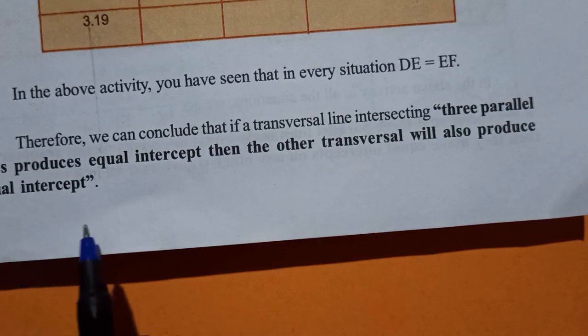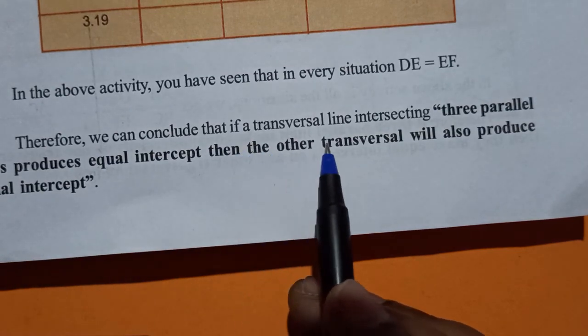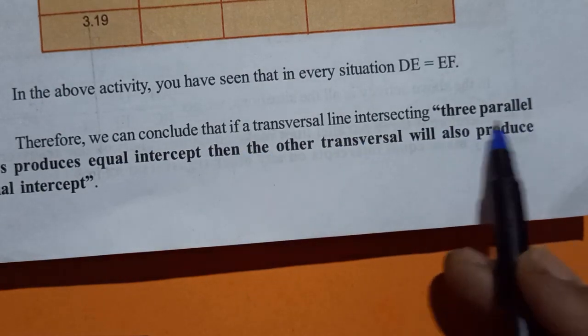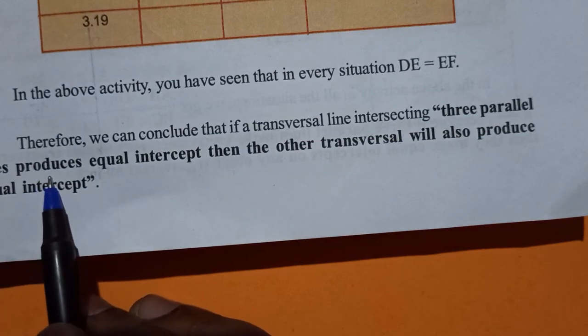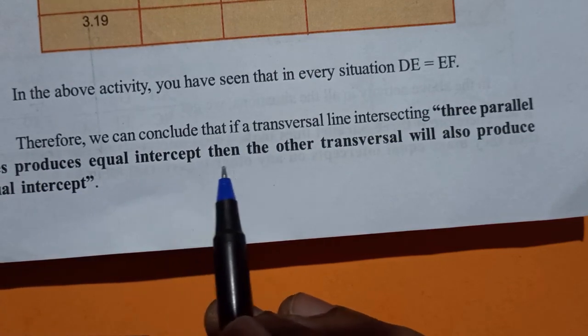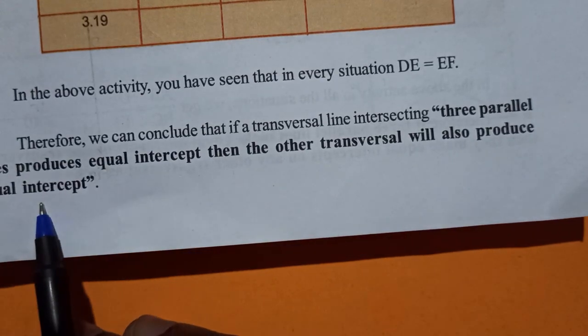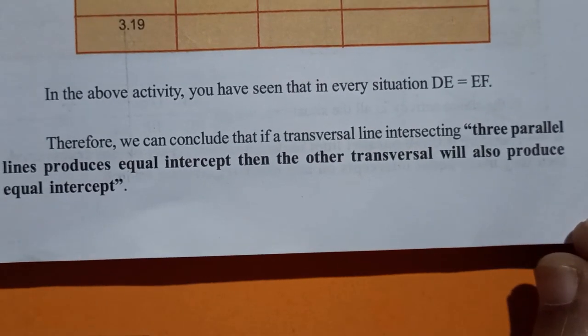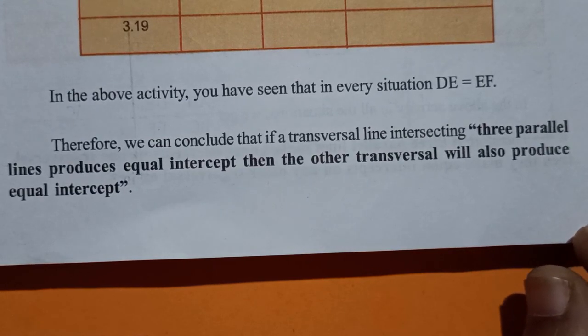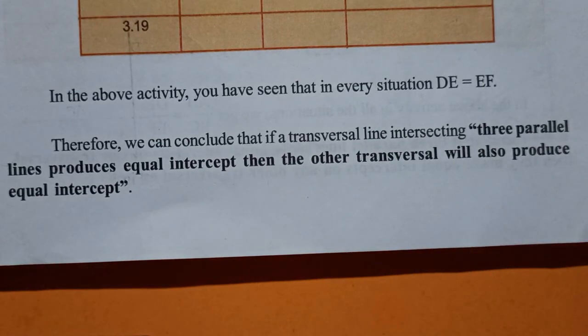We conclude that if a transversal intersecting three parallel lines produces equal intercepts, then the other transversal will also produce equal intercepts. यदि एक ट्रांसवर्सल थ्री पैरेलल लाइन के साथ इक्वल इंटरसेप्ट रखता है तो दूसरा ट्रांसवर्सल भी थ्री पैरेलल लाइंस में इक्वल इंटरसेप्ट रखेगा.